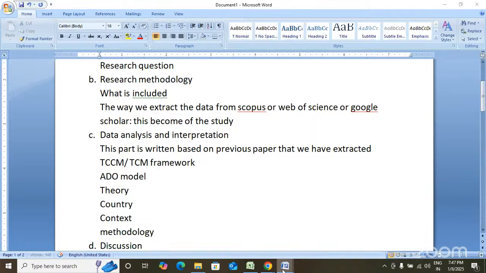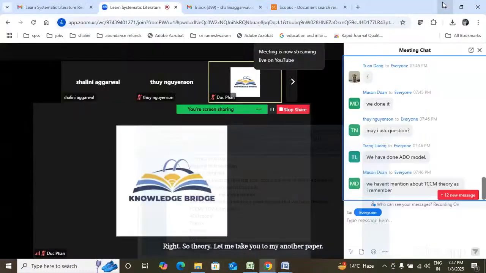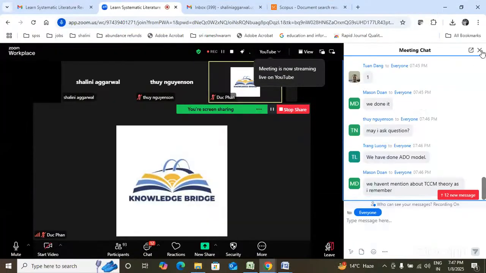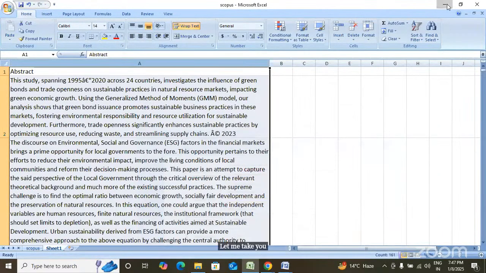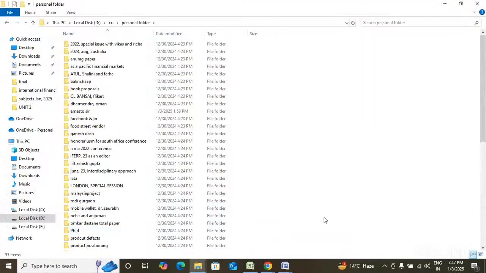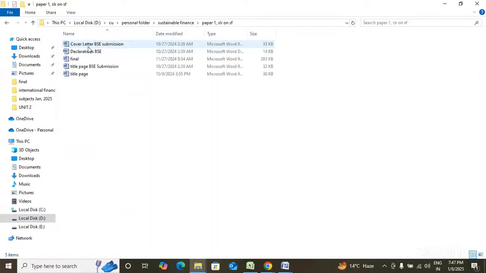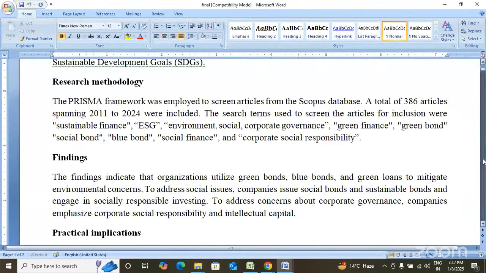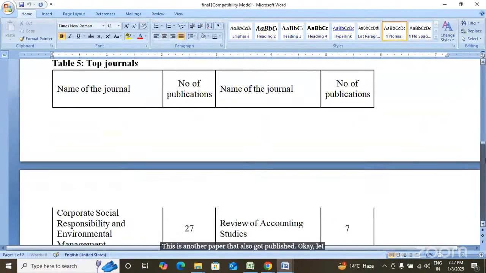Right? So, theory. Let me take you to another paper of mine in which it is more clear. This is my other paper that also got published.